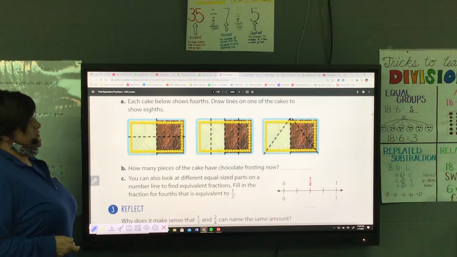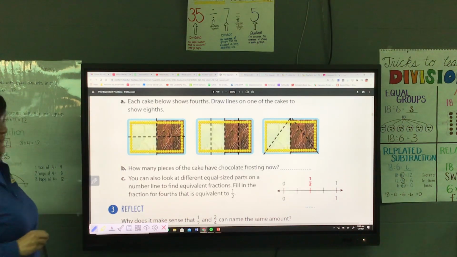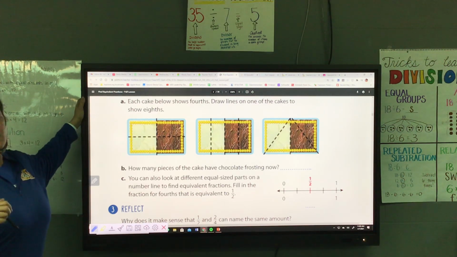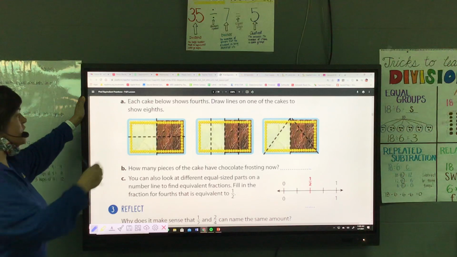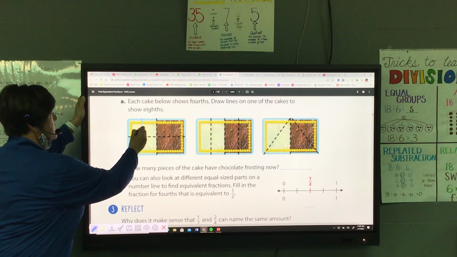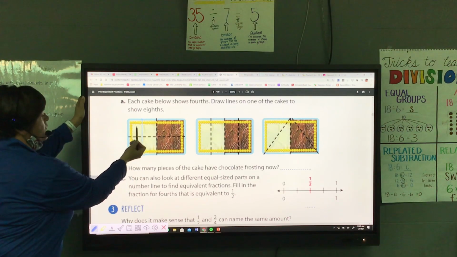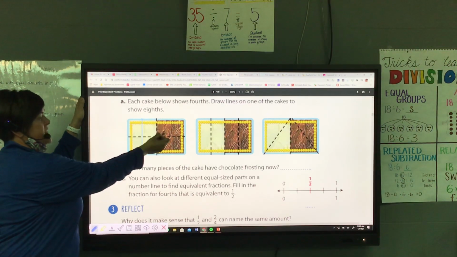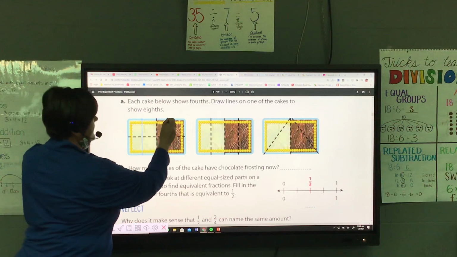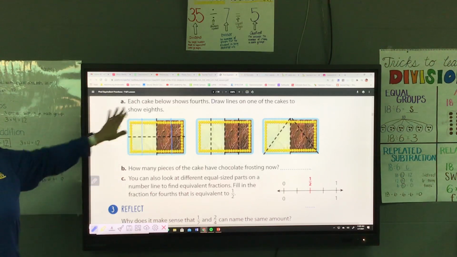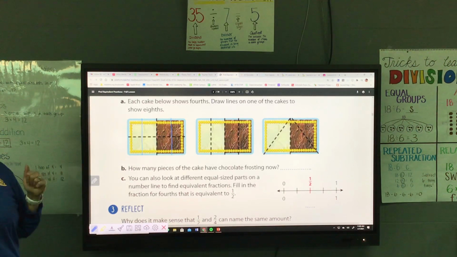What should I do? Raylin? So I need to go from 4 parts to 8 parts. Could I do this? So now I have 1, 2, 3, 4 here. So what would I do on this side? I would do the same thing. Are those parts equal? Are there 8 of them now?